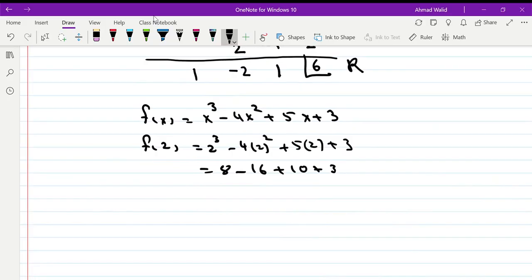Positive 10, positive 3, 13. 13 plus 8, 21. Minus 16, which gives you what?